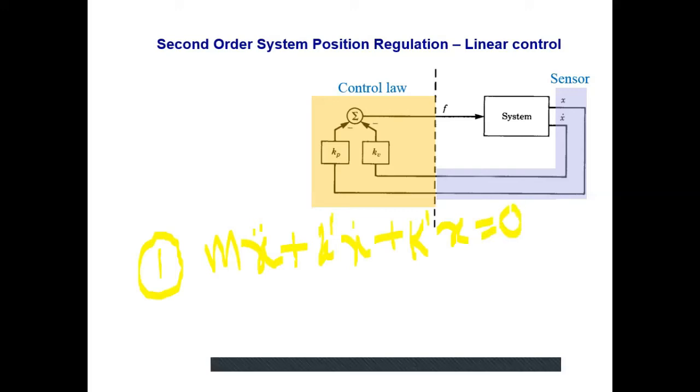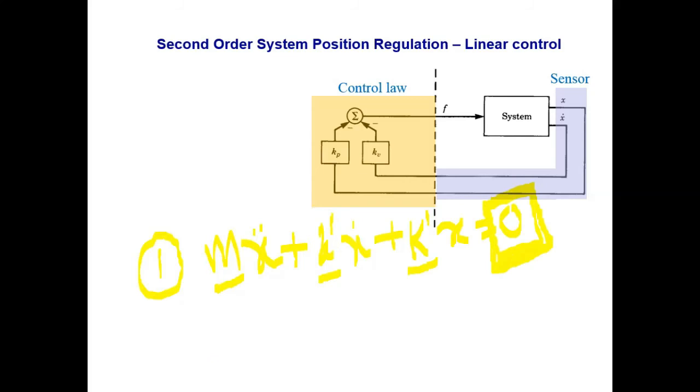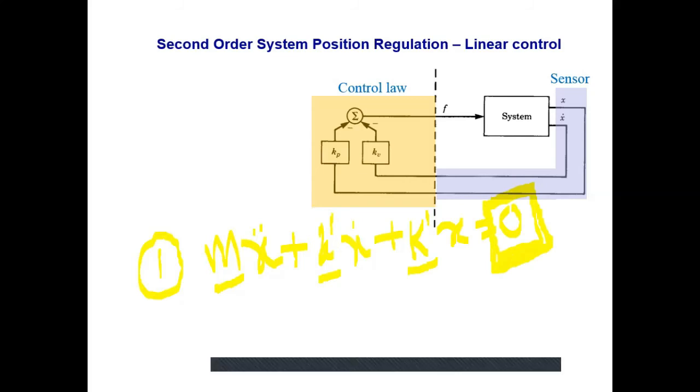That means the dynamic response of the closed loop system will depend on the system properties like its mass, its damping coefficient, and spring stiffness. The good thing is that it is independent of the external force, but still it is dependent on the system properties. So in order to set your desired system response, you should know the values of m, B dash and K dash.